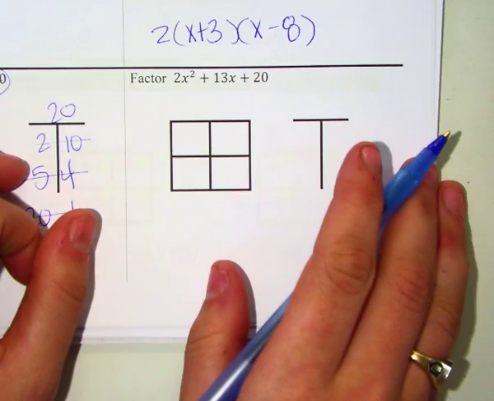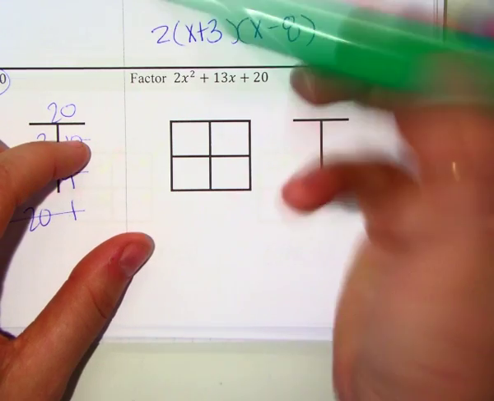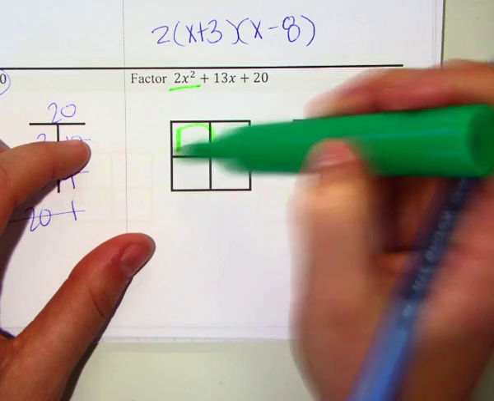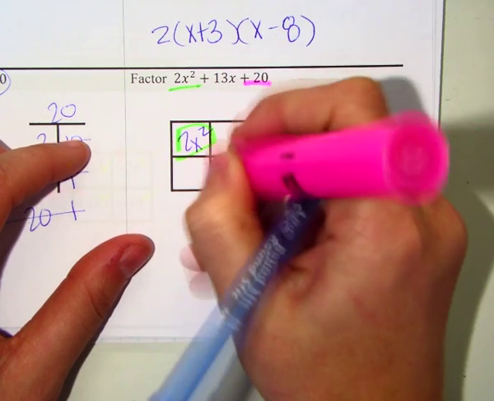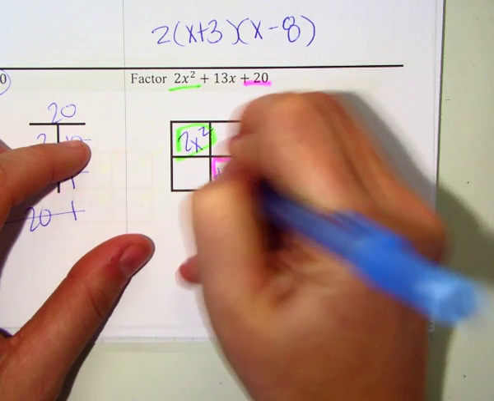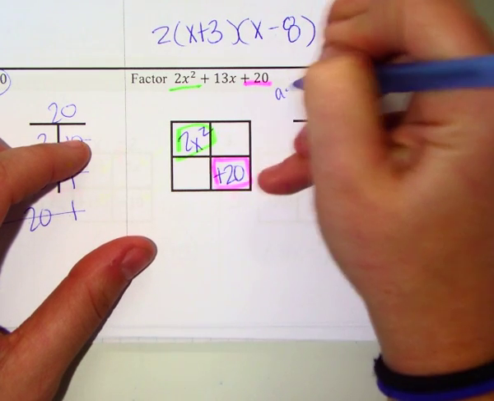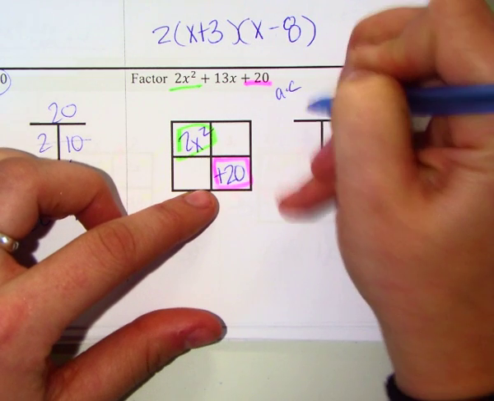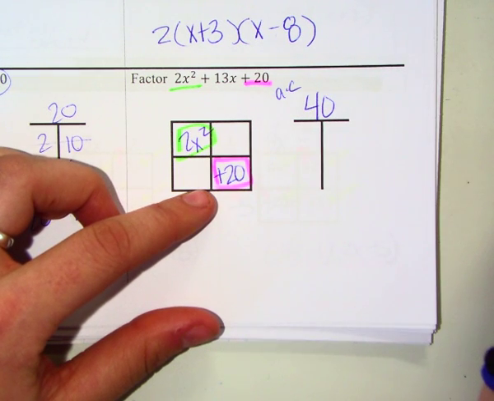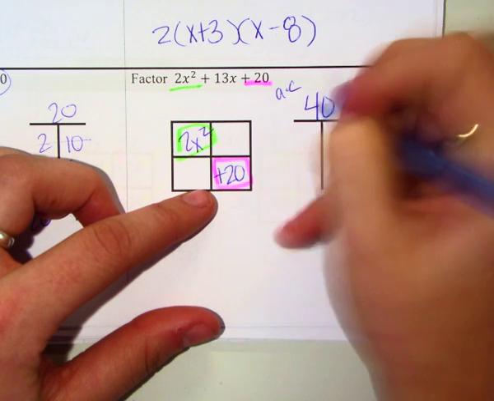So actually we can't factor this, or at least not using this method. Let's try it using the box method. First term, first box. Last term, last box. Then A times C goes over here. So 2 times 20, which is 40. All right.